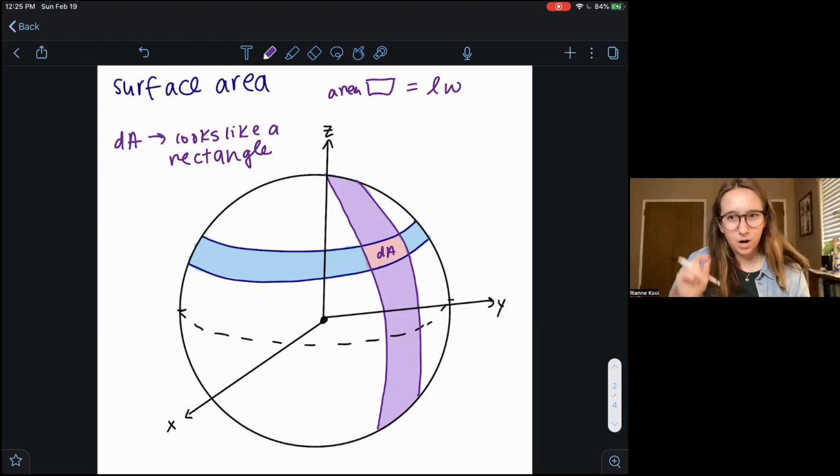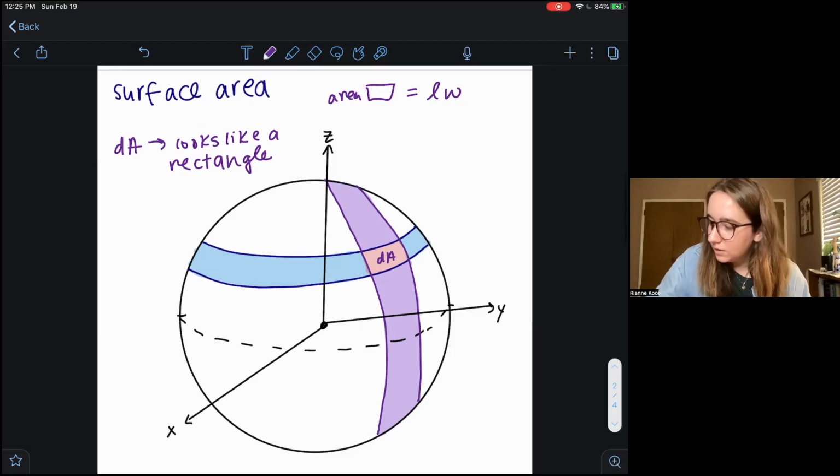So the first thing that we need to do is find what the length is and what the width is. But we need to define our variables first. So let's start with our radius. Since we're going to be doing a surface area, we don't have to worry about the change in radius yet, because we're just looking at whatever is on the surface, and whatever is on the surface has the same radius. So I'm going to say that we have this radius and that radius.